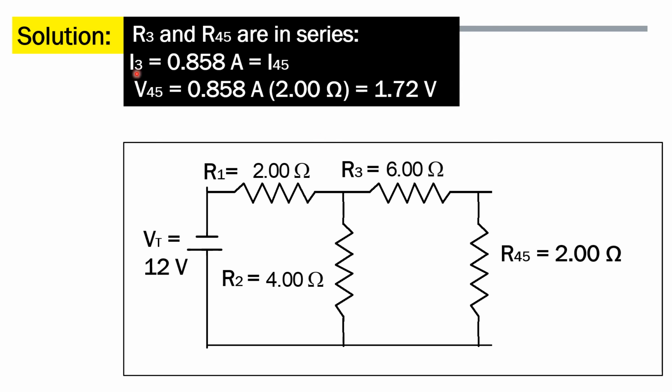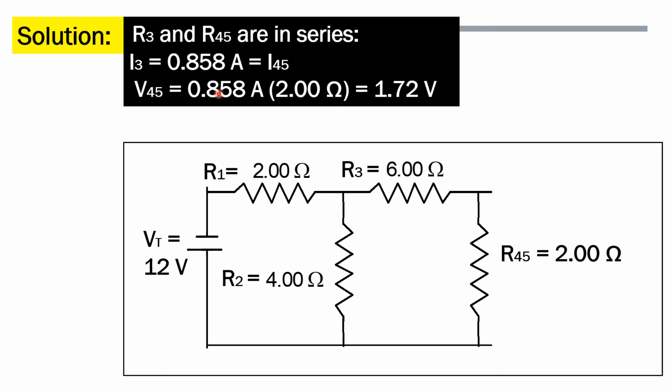Here it is. R3 and R45 are in series. So we just say that the current through R3, earlier computed as 0.858 ampere, is also equal to the current through R45, and that is labeled as I sub 45.